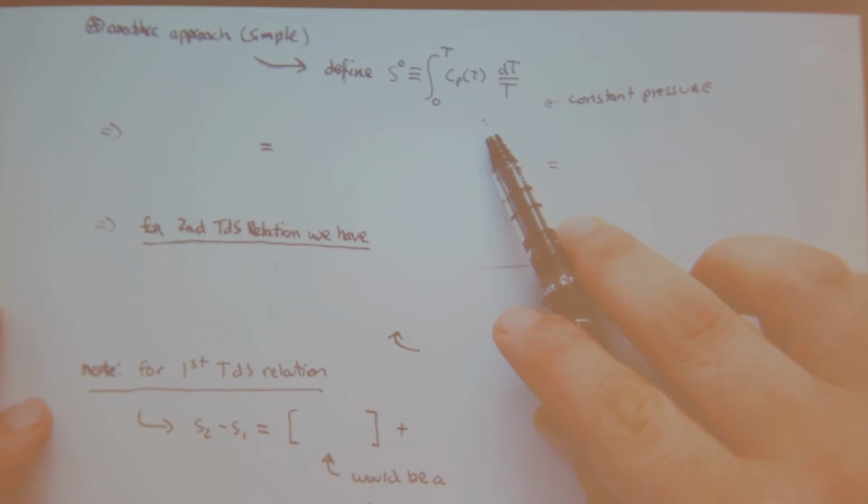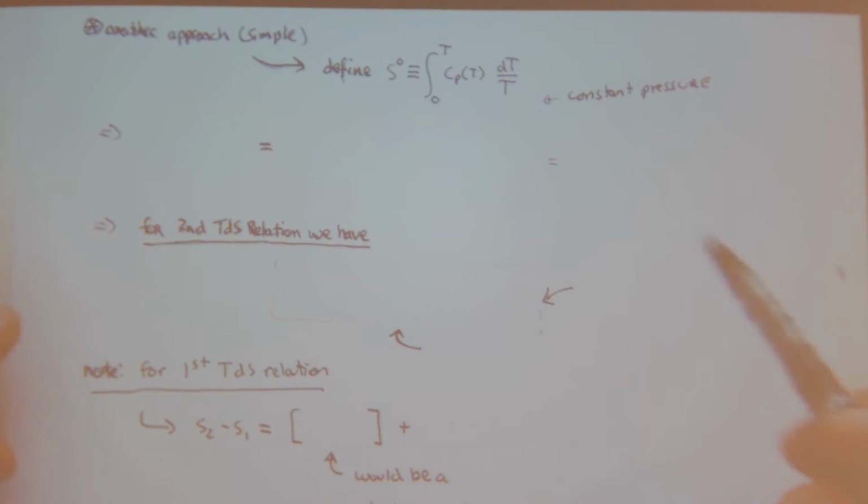So we want to do this where we have a temperature dependence where it's not smooth, for example. One thing they do is define this S sub 0, and I'll get to what this actually means in a second.